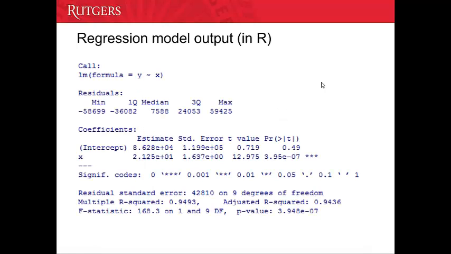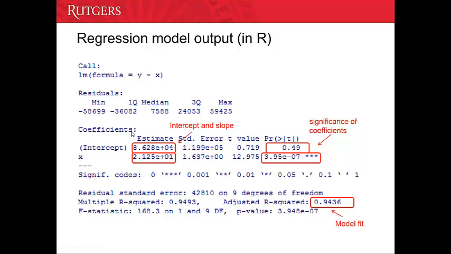So this is a regression model. For this regression model, this is the formula. You can see the residual and you can see the coefficient. The most important information in the results is the intercept, slope, the significance of the coefficient, and how the model fits.